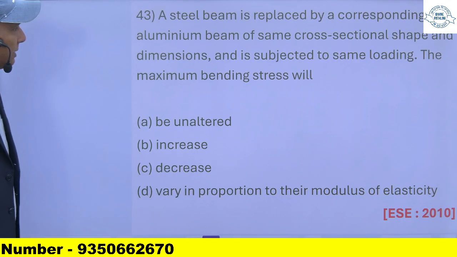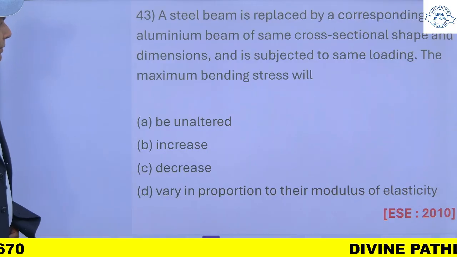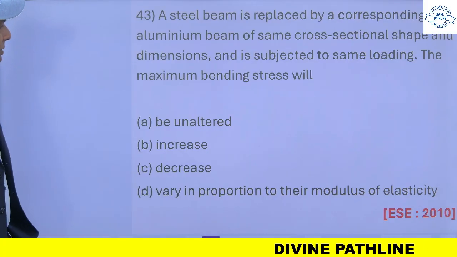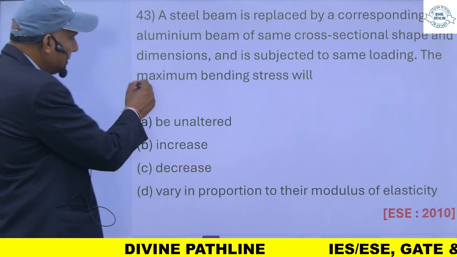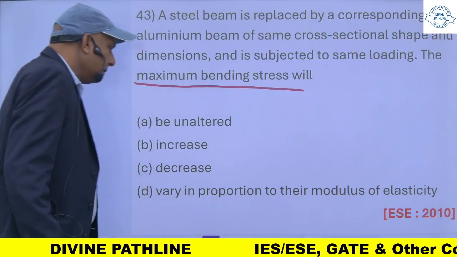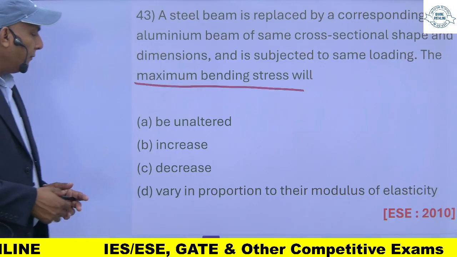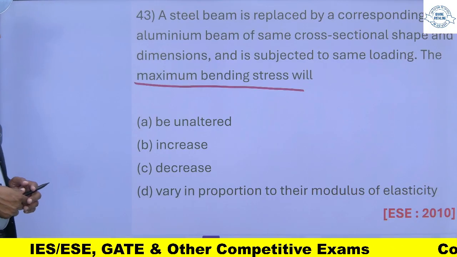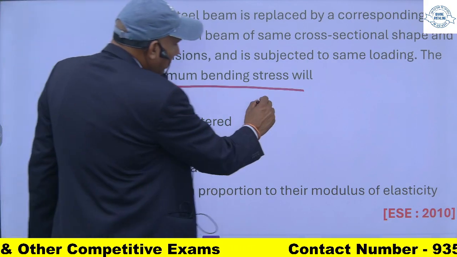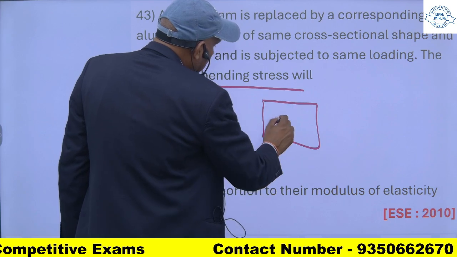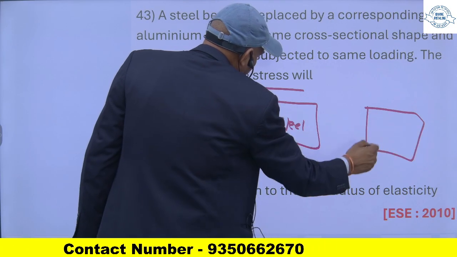A steel beam is replaced by a corresponding aluminum beam of the same cross-section area, shape and dimensions, and is subjected to the same loading. The maximum bending stress will be unaltered, increase, decrease, or vary in proportion to their modulus of elasticity. So one is a steel beam and another is aluminium.